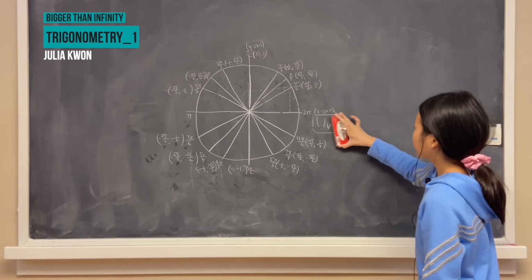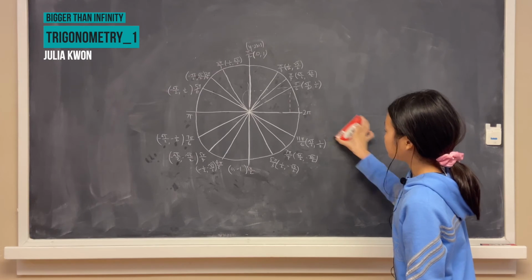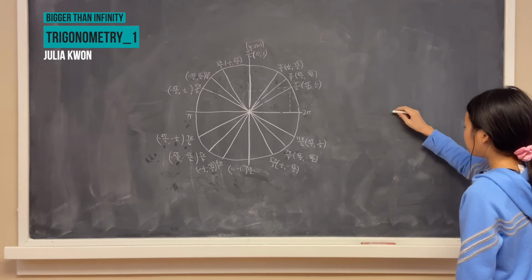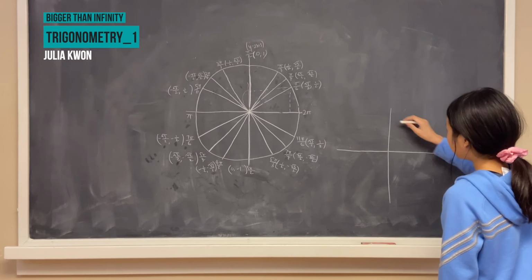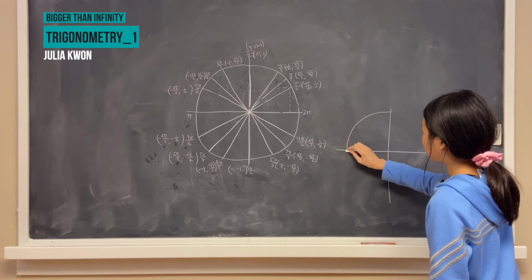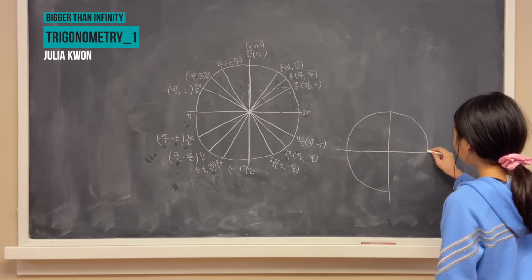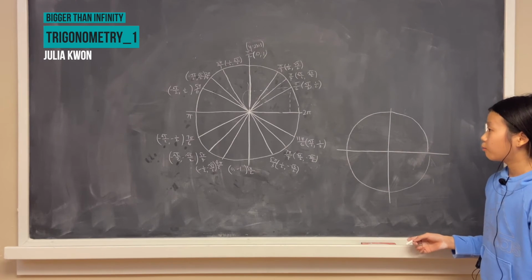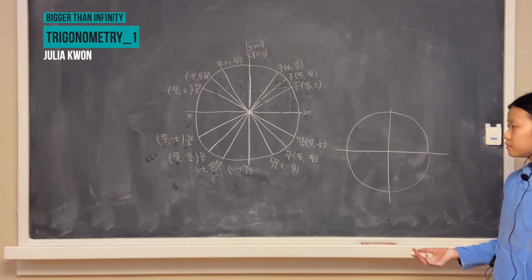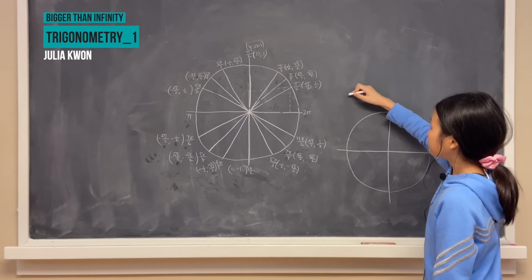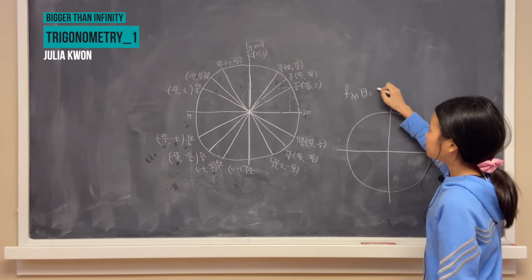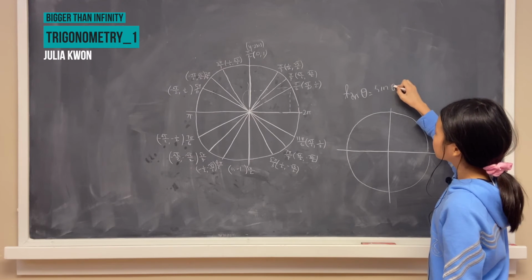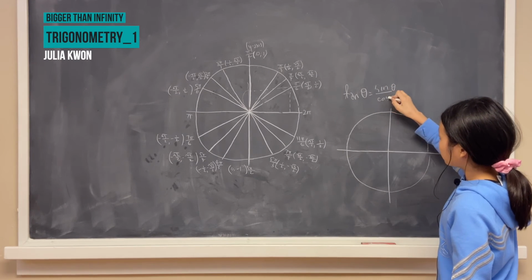So now if I create another circle right next to our original one, then you should know that tangent theta equals sine theta over cosine theta.